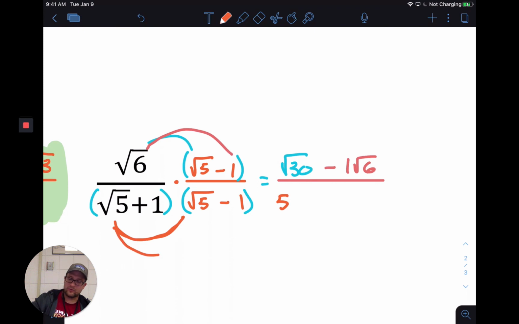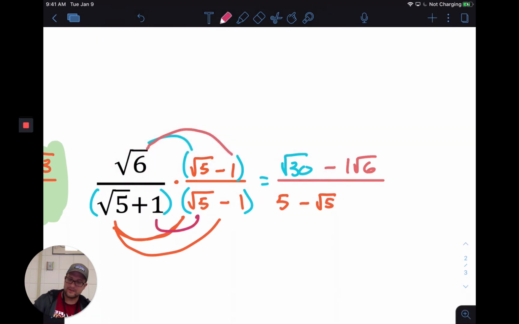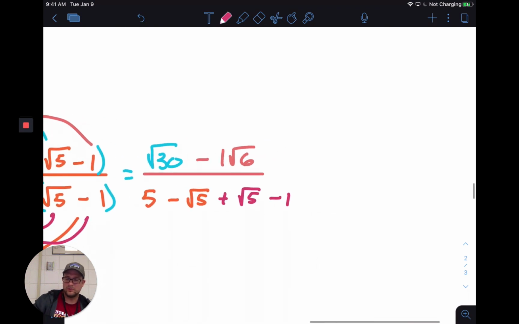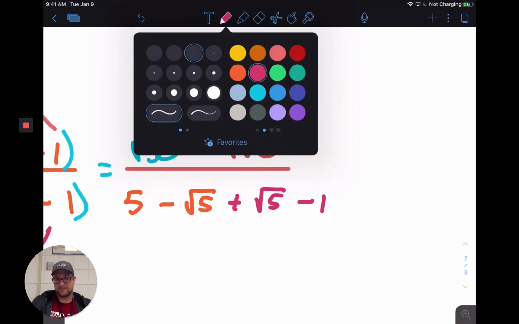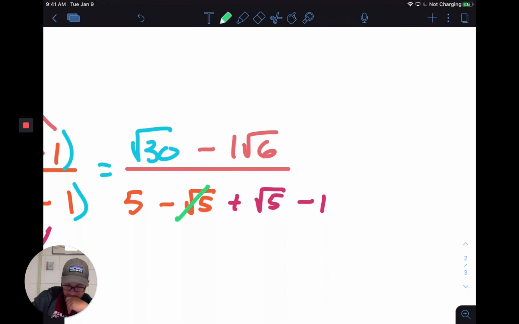Then we'll have the square root of 5 times a negative 1, which would be a negative square root of 5. 1 times the square root of 5 will be a positive square root of 5. And 1 times a negative 1 will be a minus 1. Now, just as we expected, the square roots of 5 will cancel each other out. So we're just left with 5 take away 1, which is 4.